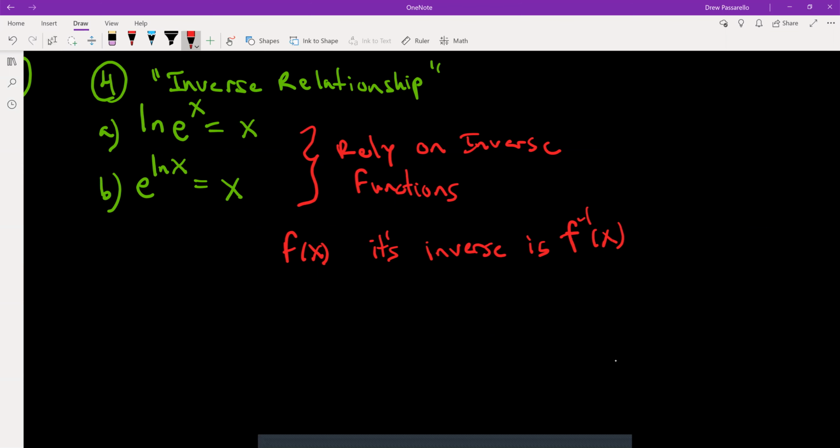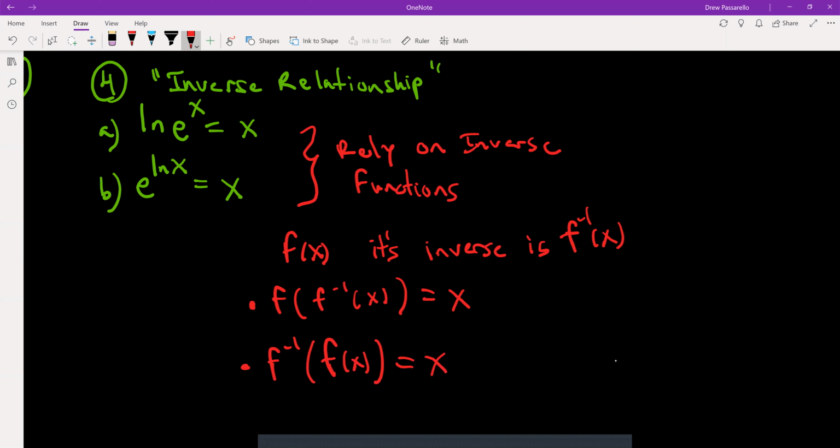And the relationship is, if you apply the function f with this inverse, you get back the input x. And then go in the reverse order, applying the inverse with the function.